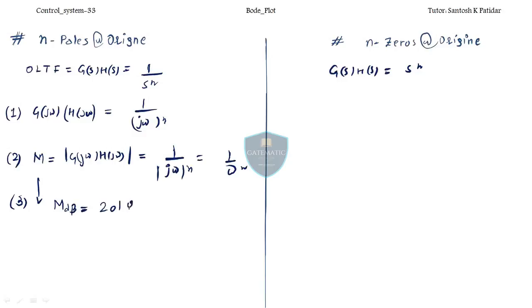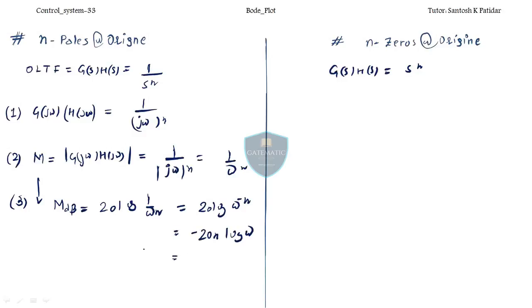That's why we need the dB value. How to find it? 20 log of this one. So this entire thing I can write over here as 20 log omega to the power minus n. According to the log property, this minus n can come forward. 20n log omega you will get in your hand, isn't it?